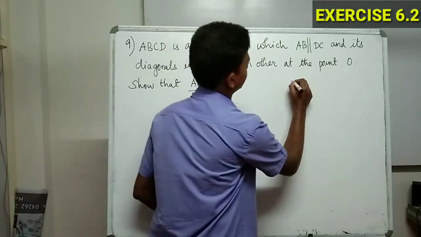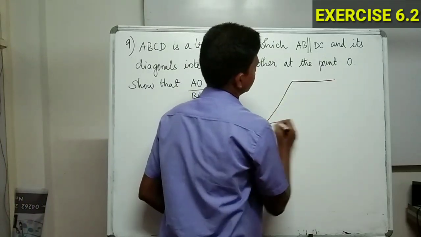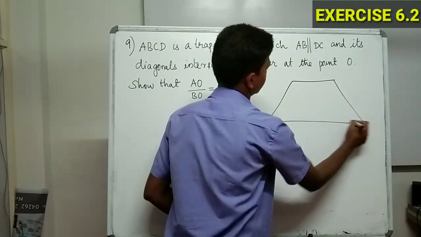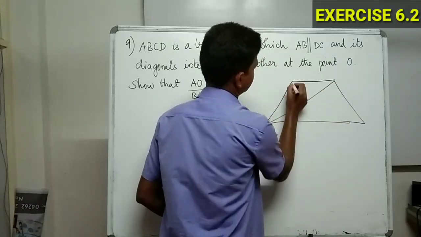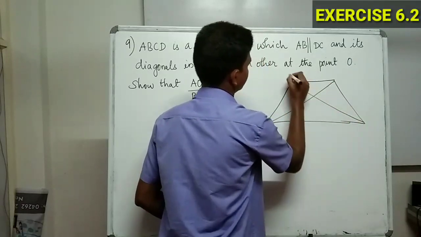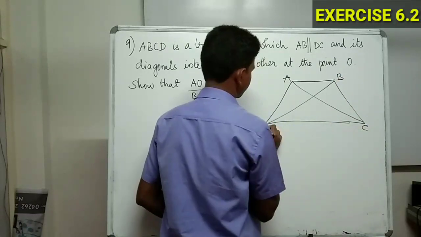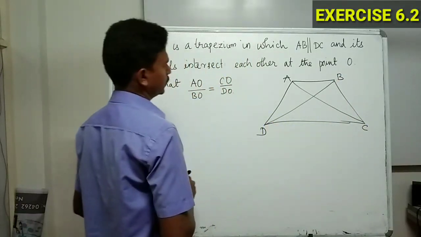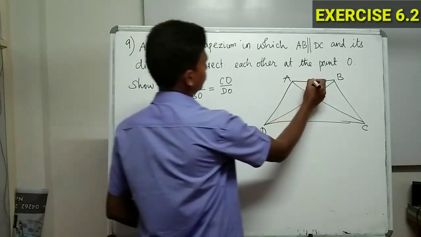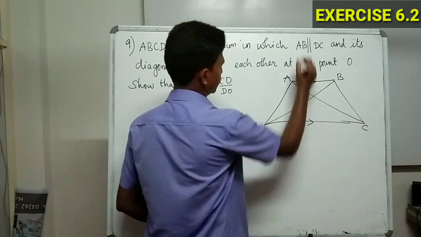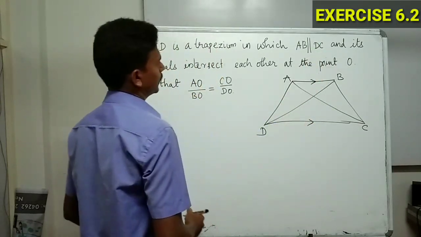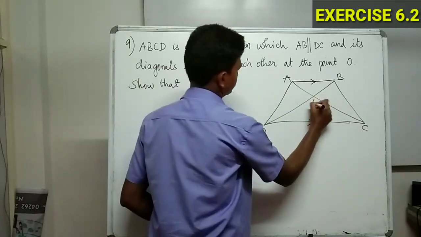In this question, the picture is not given, so we can draw that picture. I have drawn the trapezium and named it ABCD. AB is parallel to DC, and the diagonals intersect at O.